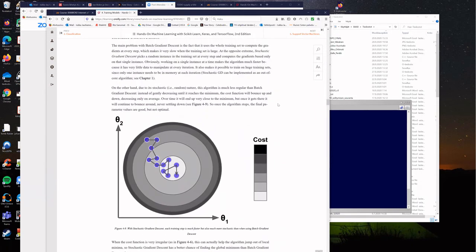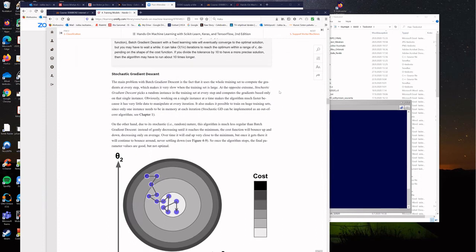Okay, the stochastic gradient descent takes a random direction. So in a general case, it can hop over the hills in the local minima. The stochastic gradient descent picks a random instance in the training set every step and computes the gradients based on that single instance.